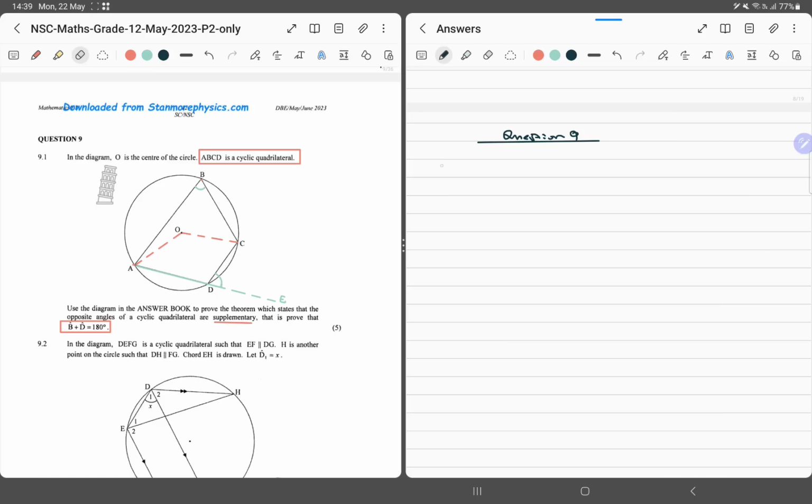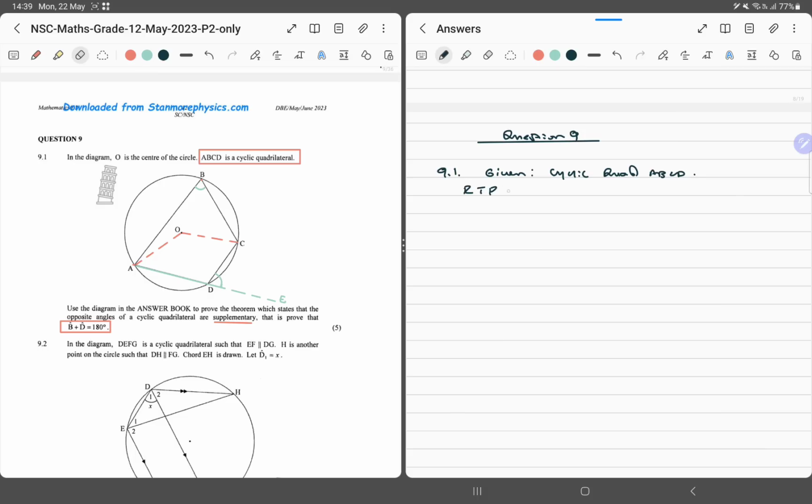So we're going to say 9.1 starts something like this. We will just say given. What are we given? Cyclic quad ABCD. So we know that this is a cyclic quad. Now, what is the story here?